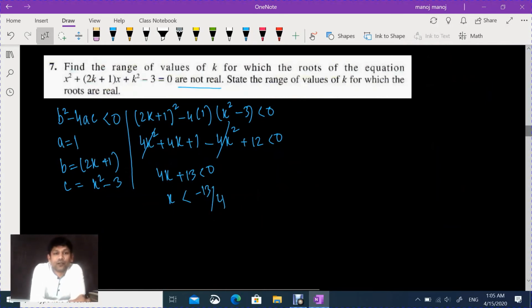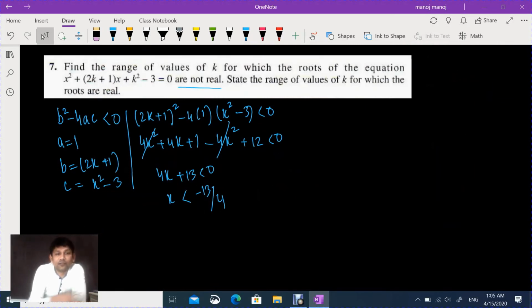Okay, state the range of the values of k for which the roots are real. Roots are real means b square minus 4ac is greater than or equal to 0. So finding the range of the values of k for which the roots are real means you will have the same answer here.